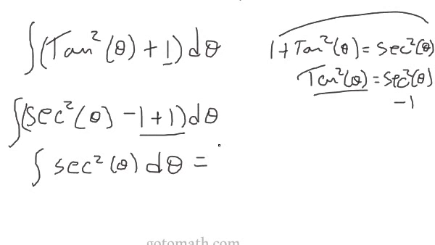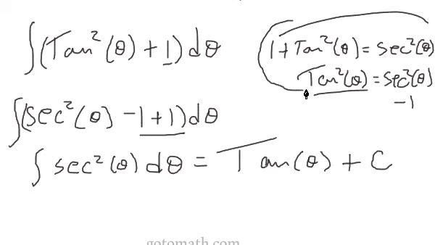And of course, this is one that you had to have memorized, and that's going to be tan theta. And don't forget, plus c, right? So the key was we needed to remember, we can't forget our trigonometry. It's very important that we remember this identity right here.